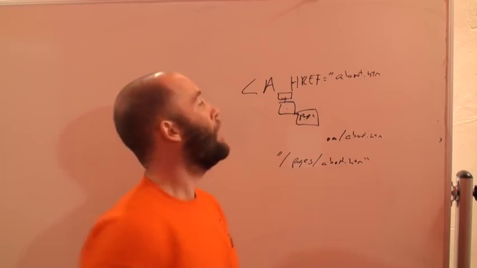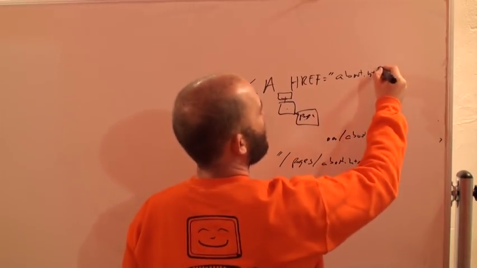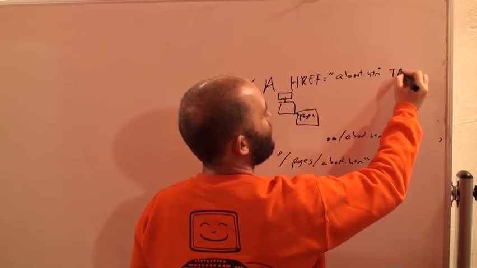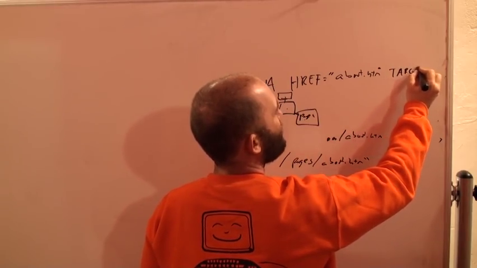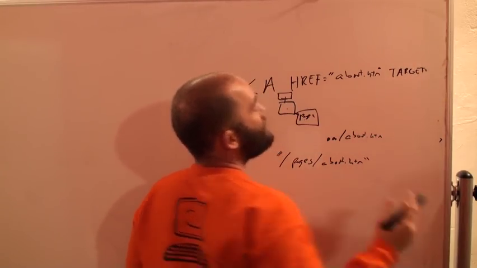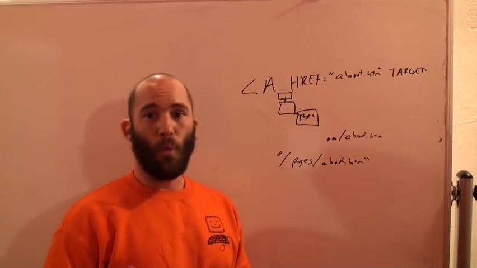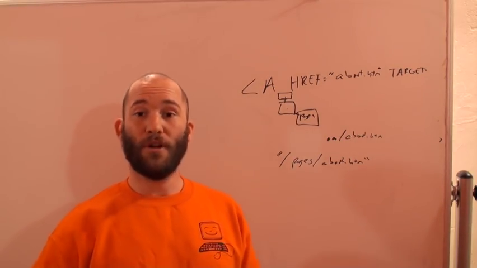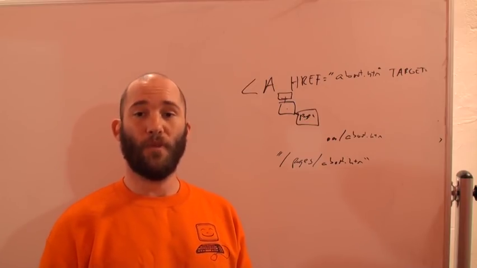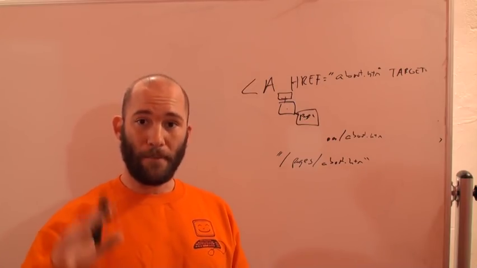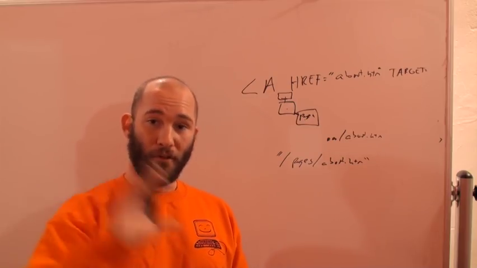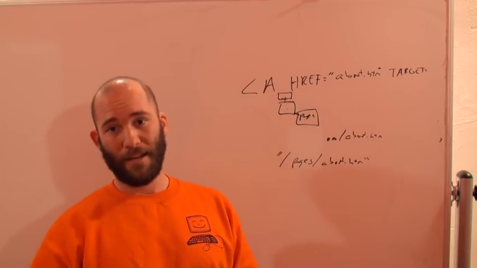Won't go anywhere. Then, after you close this, you can put in something called target. Target tells a web browser where you want to open this new web page. So when you go to this new web page, where do you want it opened? By default, you simply open the web page, so you go from the current web page you're in to the next web page.